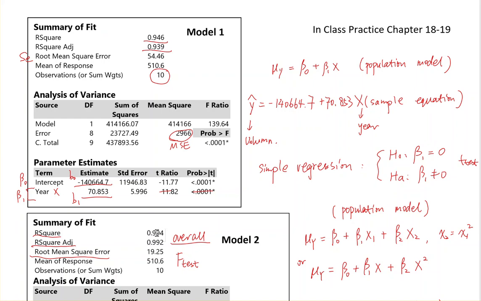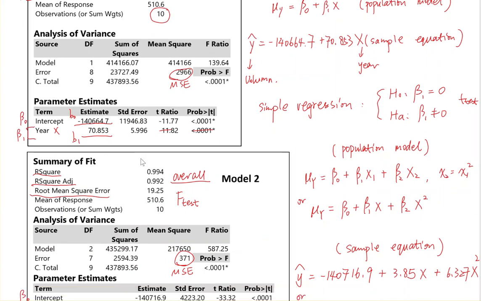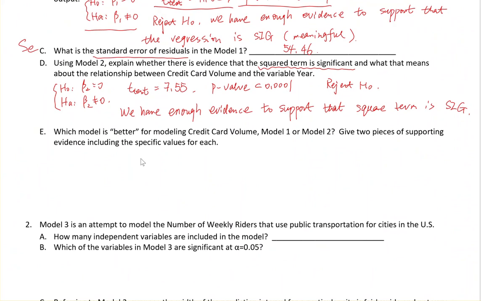So we have 0.994 is larger than 0.946. But we cannot use R-square to compare the models. Why? We need to use adjusted R-square, right? So here, the first thing you can compare Model 1 and Model 2 will be adjusted R-square.